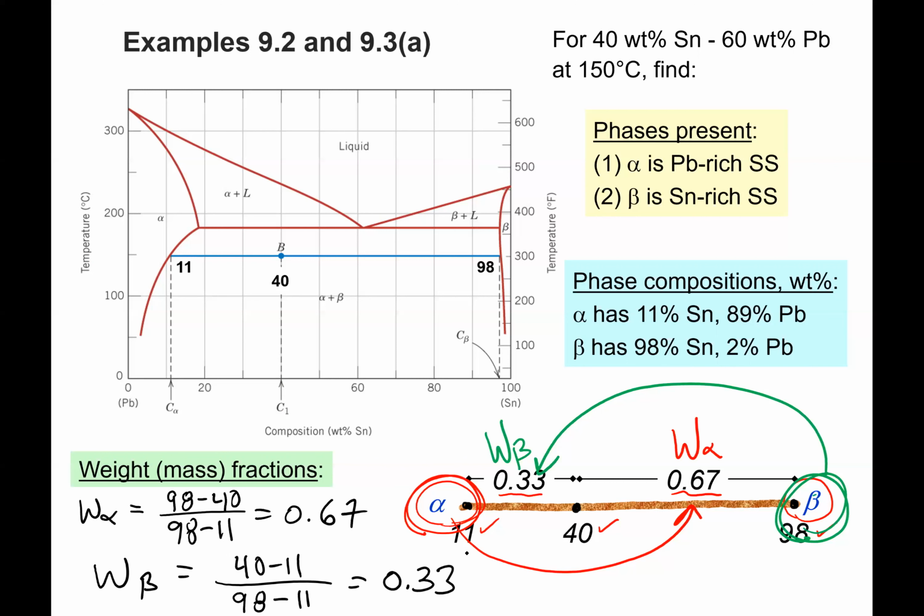So there's an equation again in your book that is set out that'll tell you to use the composition of, so it'll say something like C0 minus C alpha over C beta minus C alpha, and that'll be the fractional amount of beta in that particular case when your problem is on the left side of the diagram.